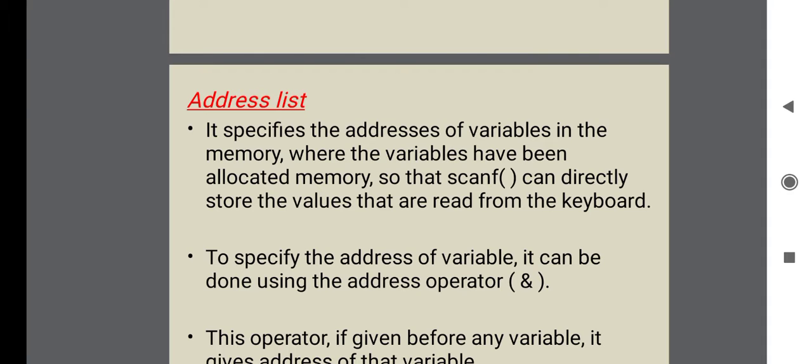So what is address list? It specifies the addresses of the variables in the memory. In the memory there will be a sequence of cells. On one side there will be the variable name, and on the other side there will be the address.